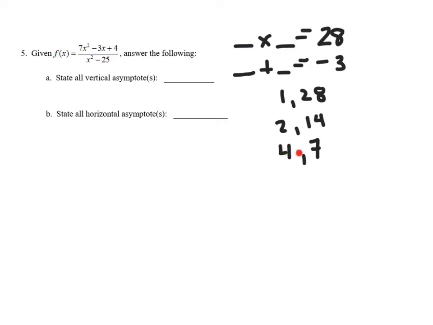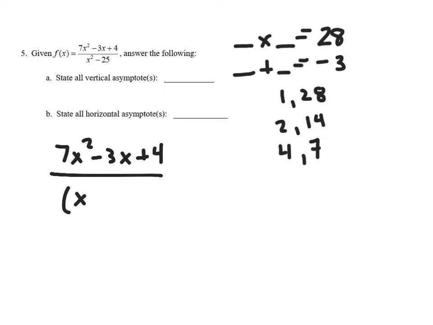I thought 4 and 7 might work, but they don't work in terms of being positive and negative. So I only have to worry about the denominator and factor that out. I get 7x squared minus 3x plus 4 all over x minus 5, x plus 5.